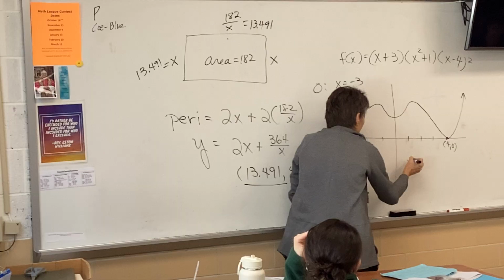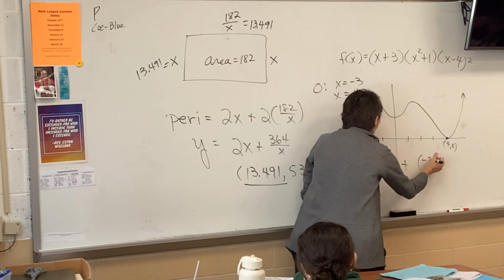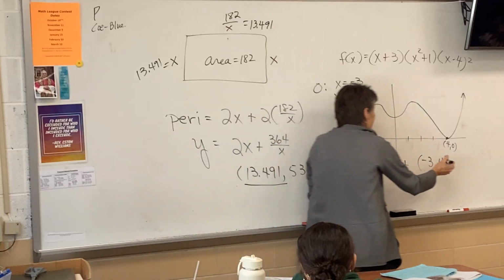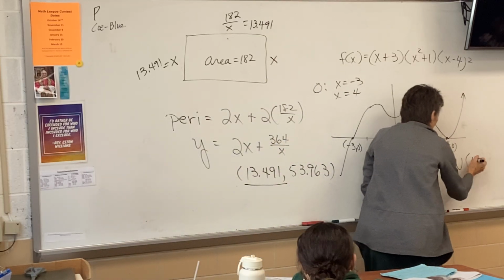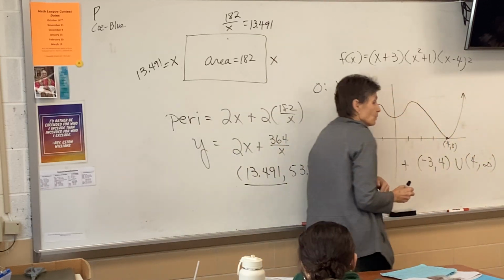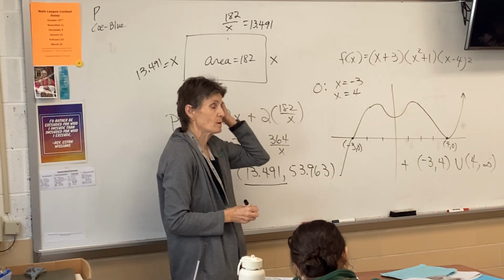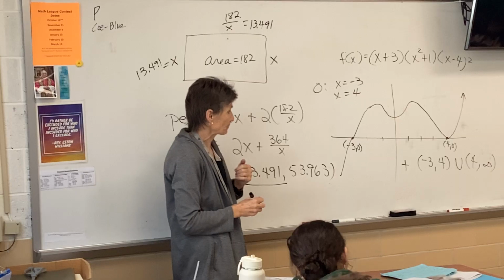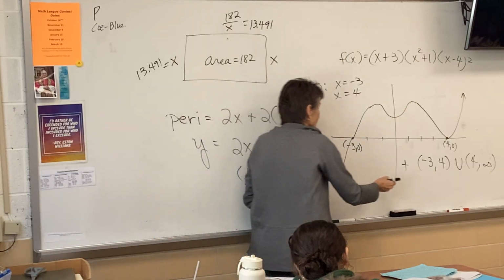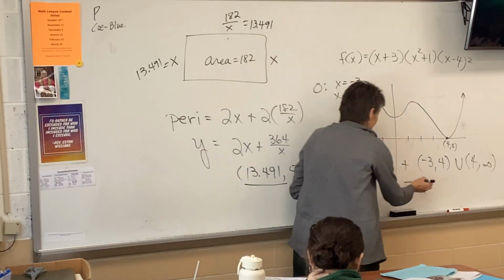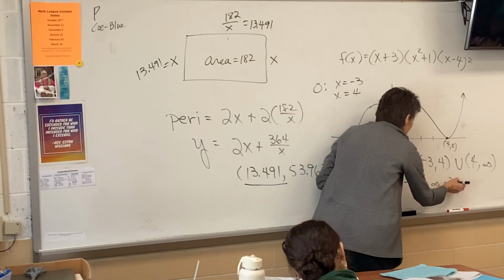So we have to say we're going to be positive from -3 to 4, and then from 4 to infinity. Remember, at 4, it equals 0, so it isn't positive or negative, it equals 0. And then where is it negative? From negative infinity to -3.